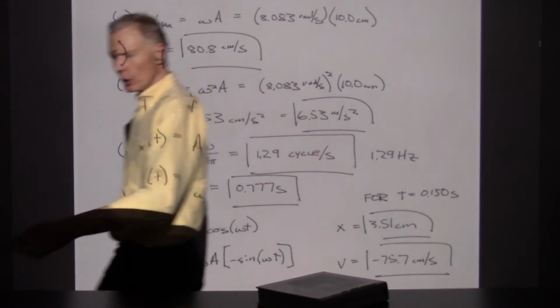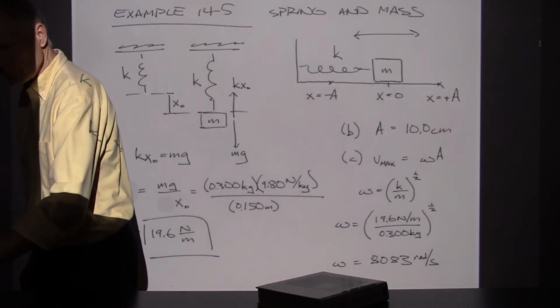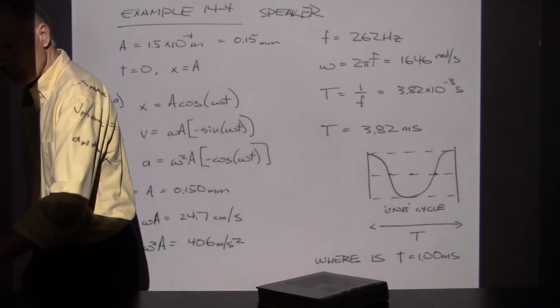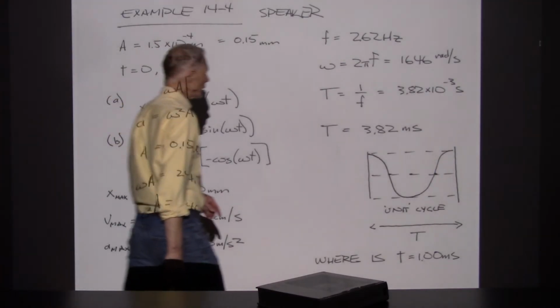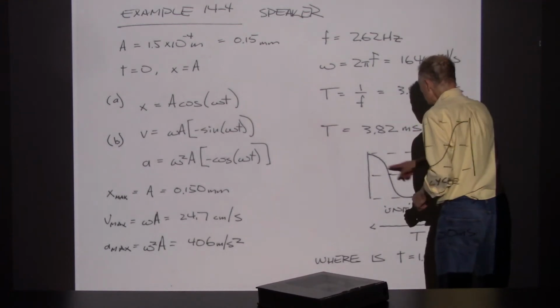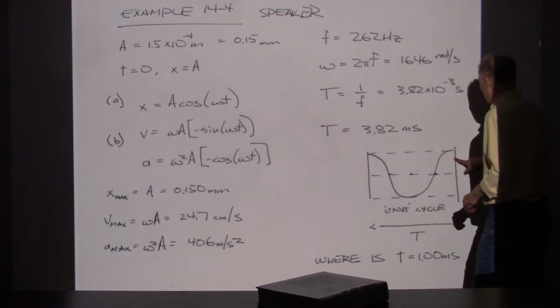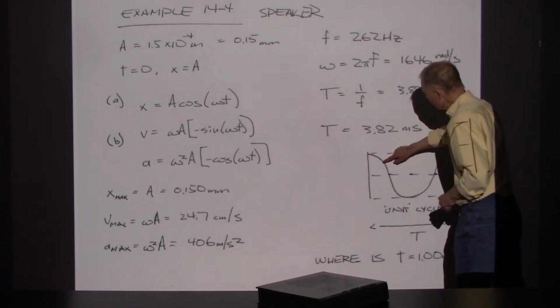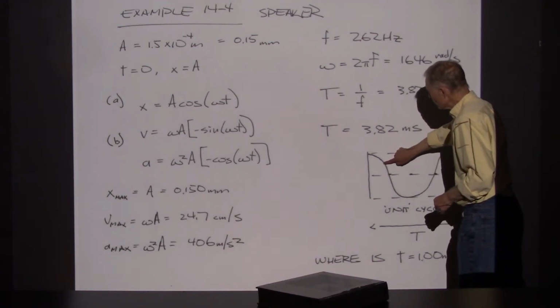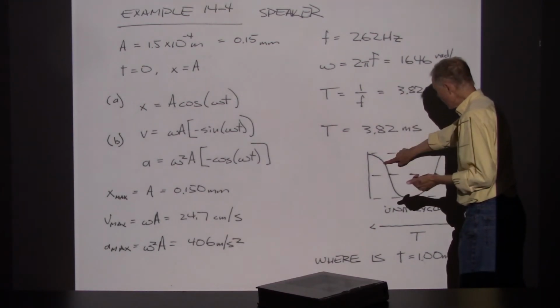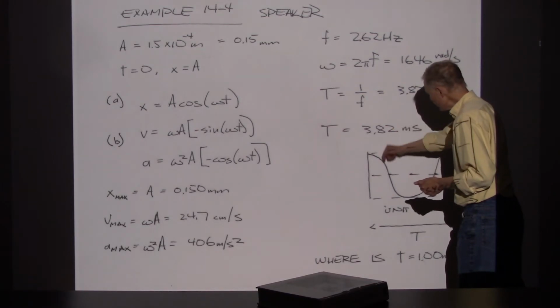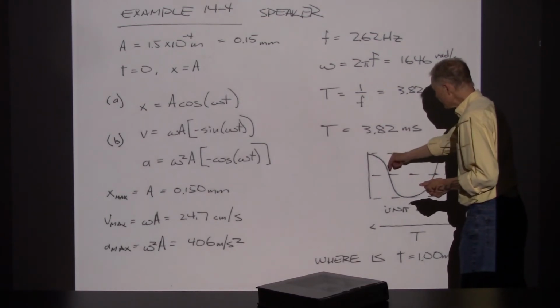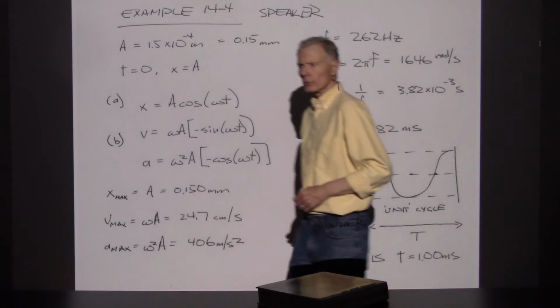For the cosine function, we don't have it listed there, but we've got one here, so I'm going to go back and use this diagram. The entire period here was 0.777, and 0.15 would put us here. So if I'm here, the displacement's positive, the velocity is negative, and the acceleration should be negative.